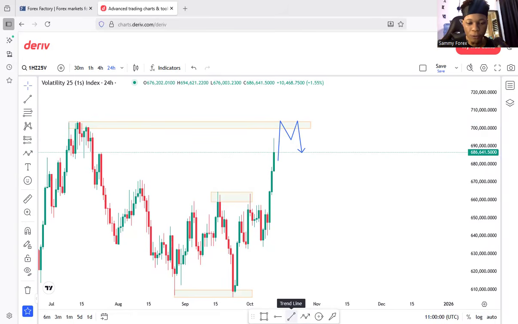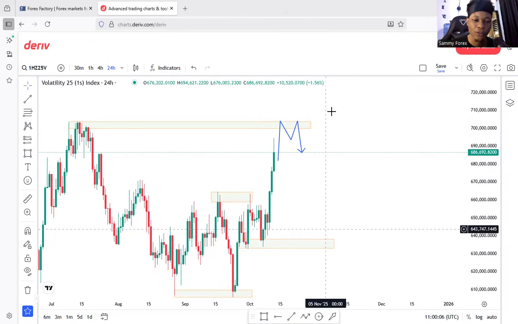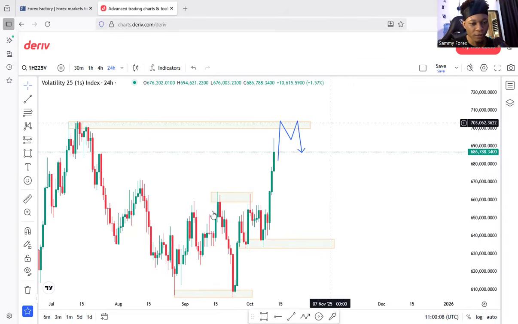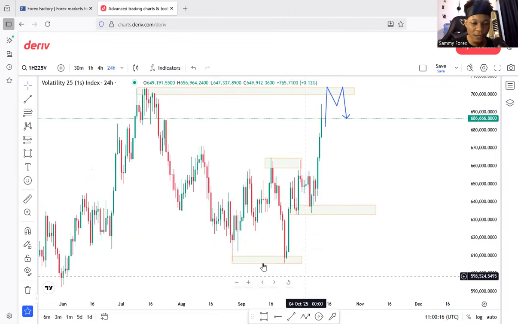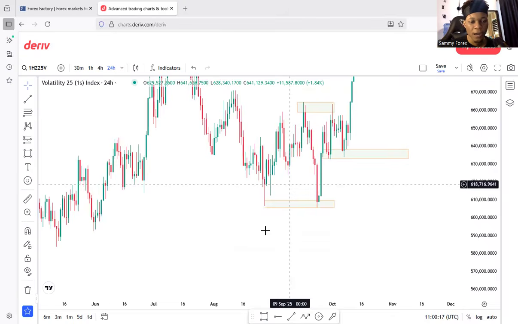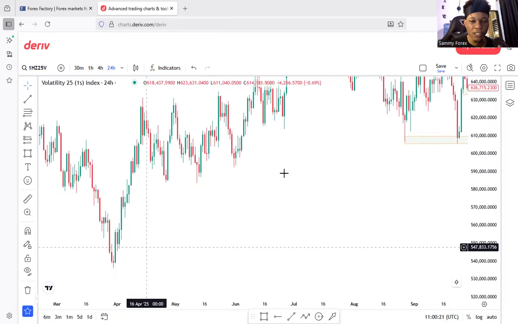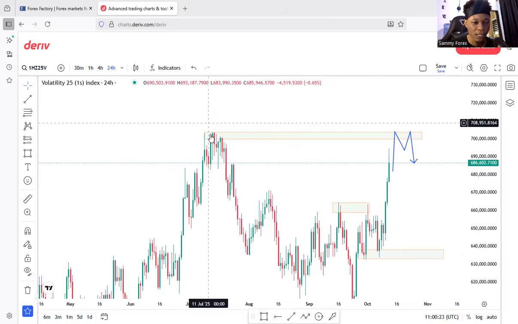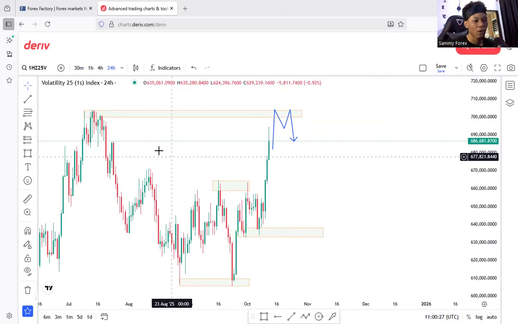Price will have to drop all the way to this particular low, which caused that impulsive move. From here, price can also continue buying if this is currently an uptrend. But if this is an equal high that price created here, you notice it might come back, smash out this low, and then come back to this particular low that created all these moves that got to this high. You see it. So this is my expectation on the 25 (1s) index.